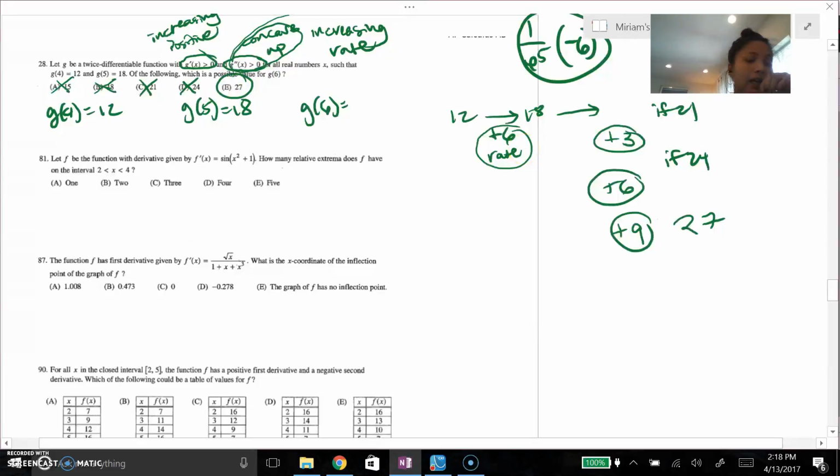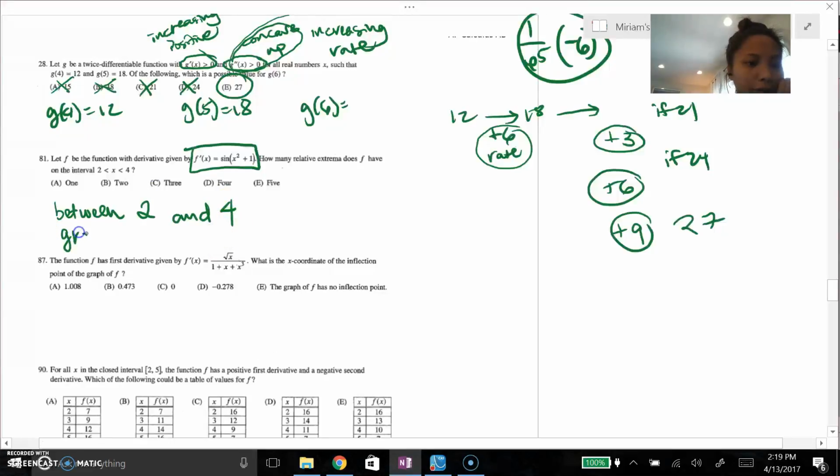Number 81, it's a calculator section. So you have the first derivative here, sine of x squared plus 1. How many relative extrema does f have on the interval 2 to 4? So I'm focusing between 2 and 4. I'm going to graph f prime of x.